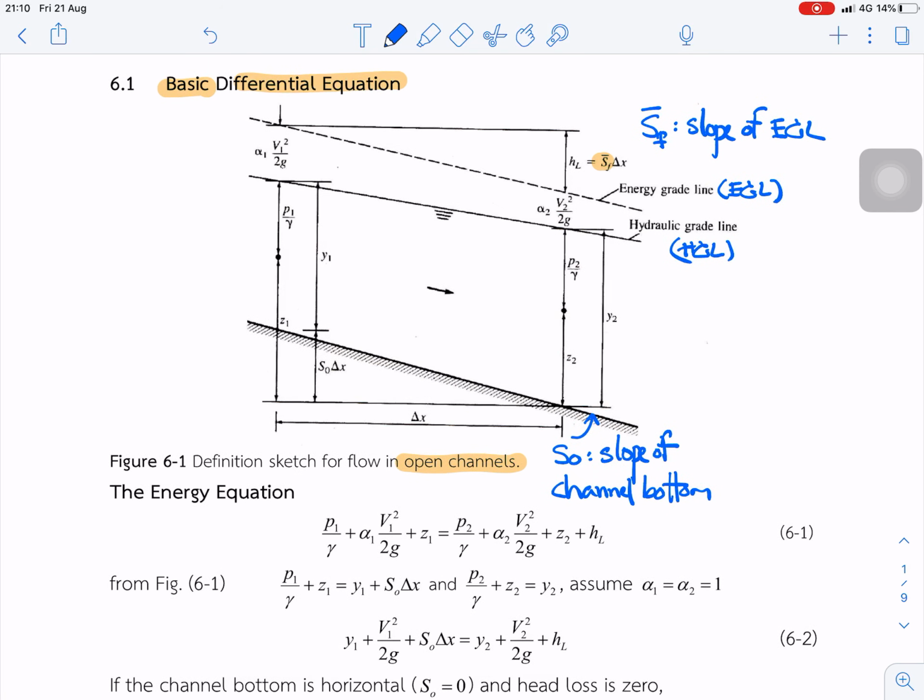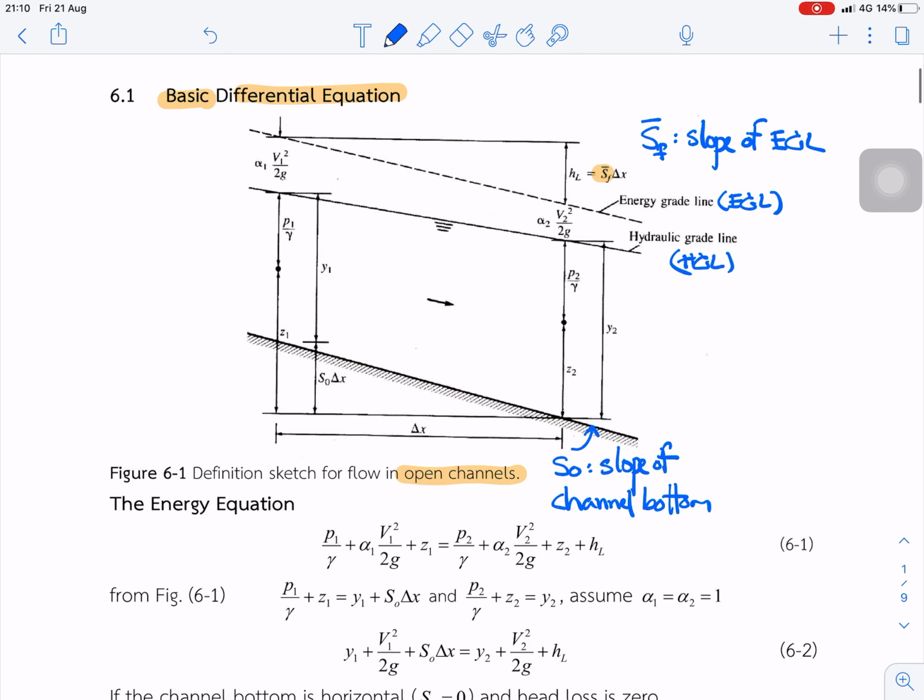Before we start with the energy equation, I can explain what SF is. We can find it from the Manning equation.